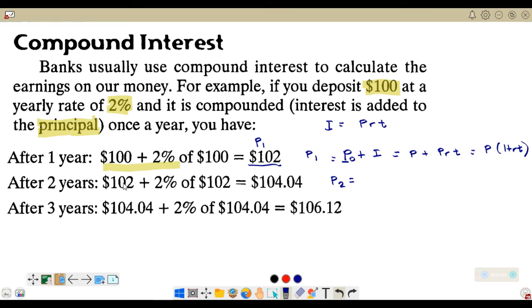What we're going to do is to get the sum of P sub 1 plus the 2% of P sub 1, which is P sub 1 times R times T. If you are going to simplify this, since P sub 1 is common to both terms, you can simply write P sub 1 times 1 plus RT.